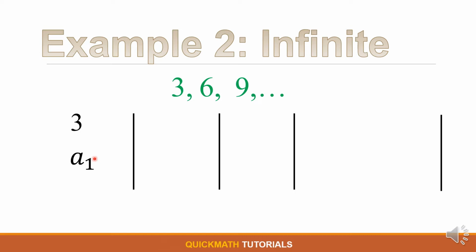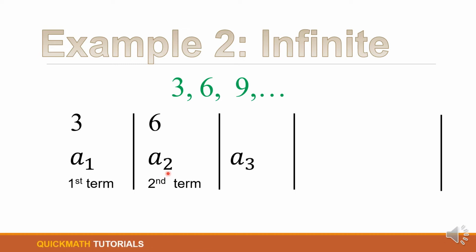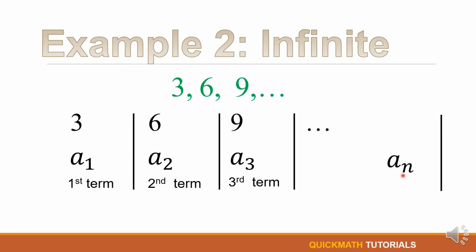Our first term is 3, or a sub 1. Our second term is 6, or a sub 2. And our third term is 9, or a sub 3. And so on, and we have the nth term, or in symbol, a sub n.